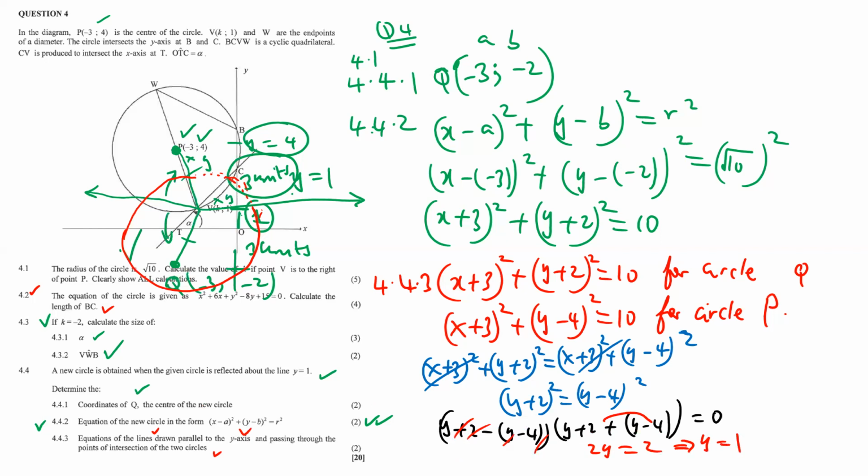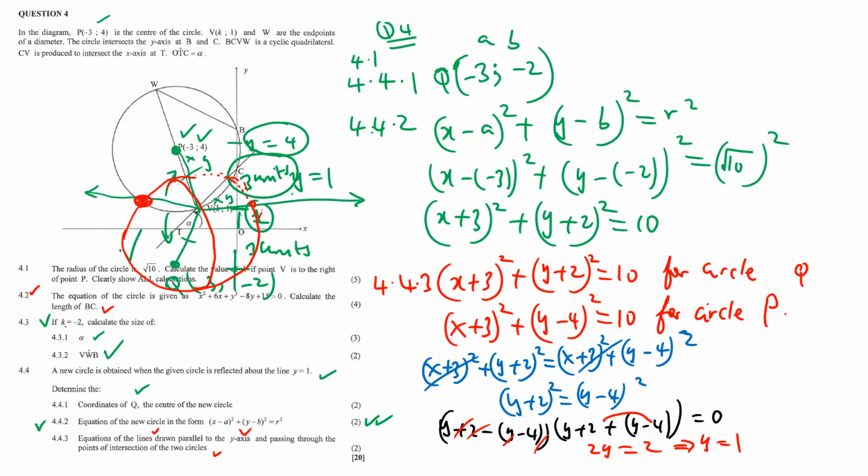Right, so these two circles will intersect at y equals 1. If they intersect at y equals 1, then what are the x values?